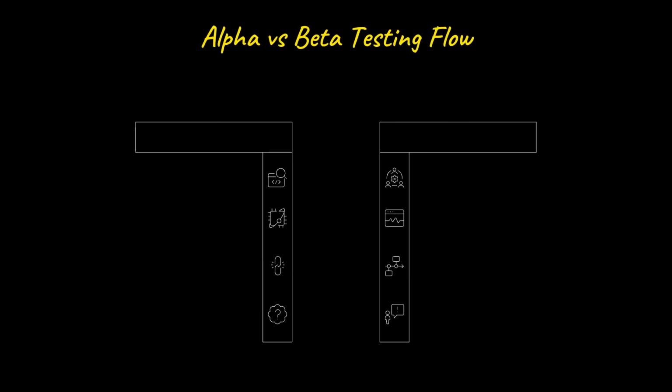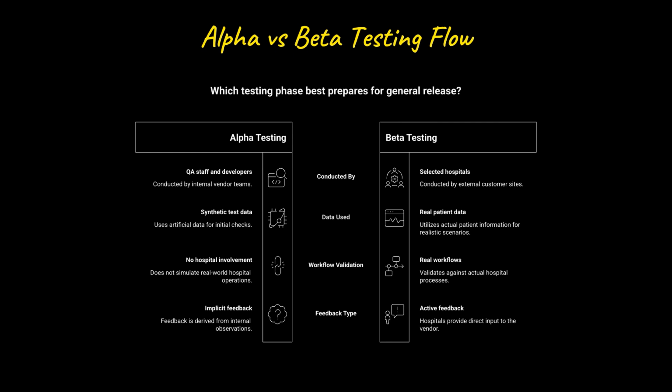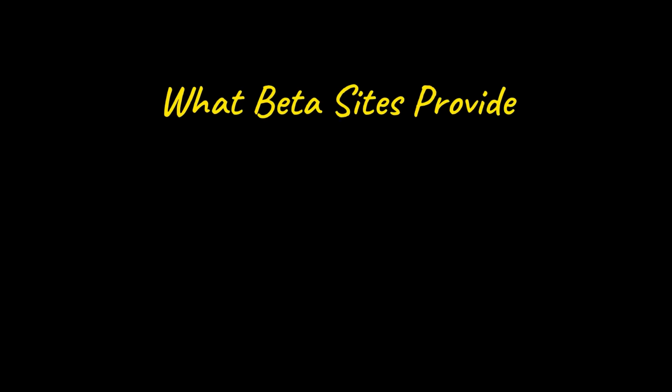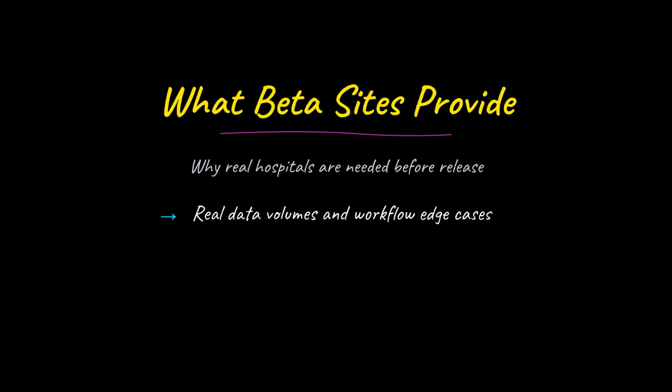In alpha, the vendor's own team exercises the software against controlled test scenarios to catch obvious defects. Beta sites then expose the software to real clinical environments, uncovering issues that synthetic data and internal labs simply cannot replicate. Real clinical environments generate complexity that internal testing cannot reproduce.